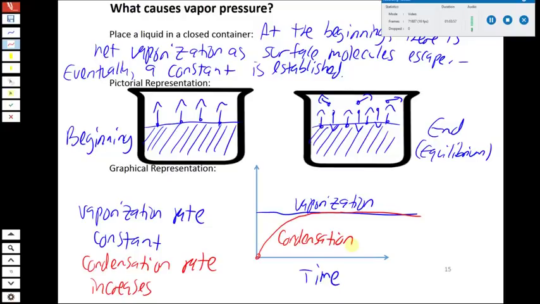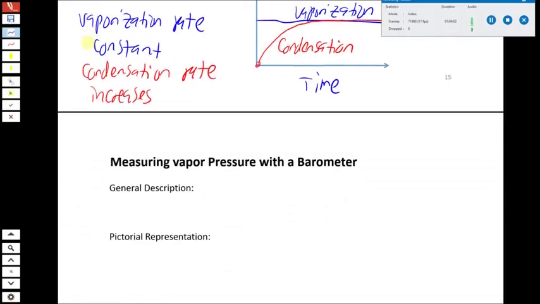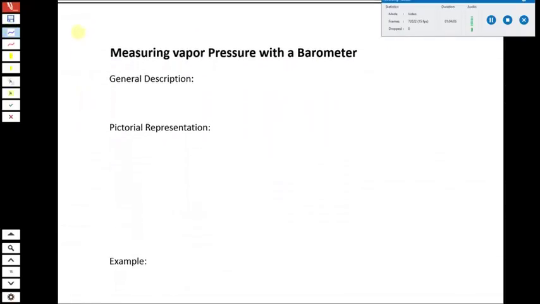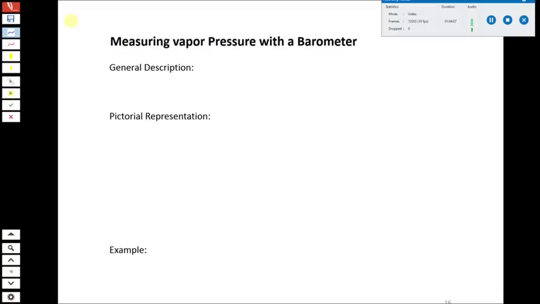Okay, so that's a molecular level picture of why vapor pressure even occurs at all. To think about this in a little bit more detail, we can talk about how to measure vapor pressure. This is just a little bit of background that's probably not terribly important. But to measure vapor pressure, we're going to first measure the atmospheric pressure with a barometer.